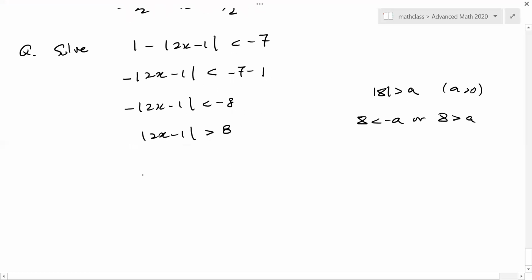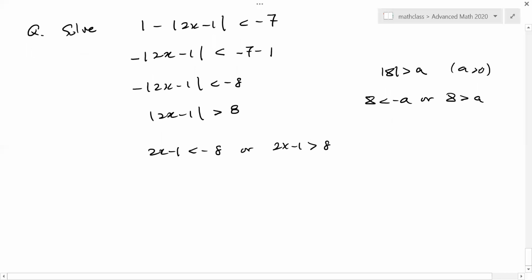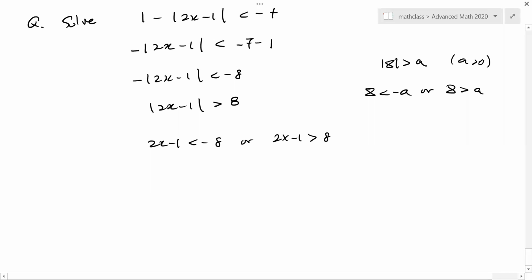Okay, so 2x minus 1 less than negative 8, or 2x minus 1 greater than 8. Then you solve each inequality. 2x less than negative 8 plus 1, negative 7.